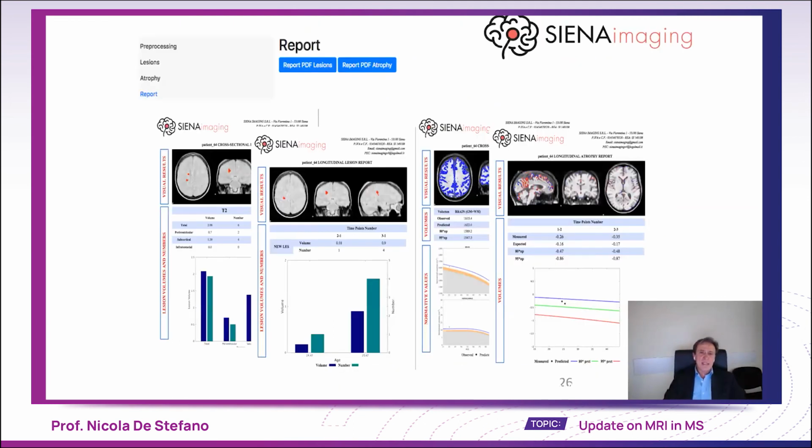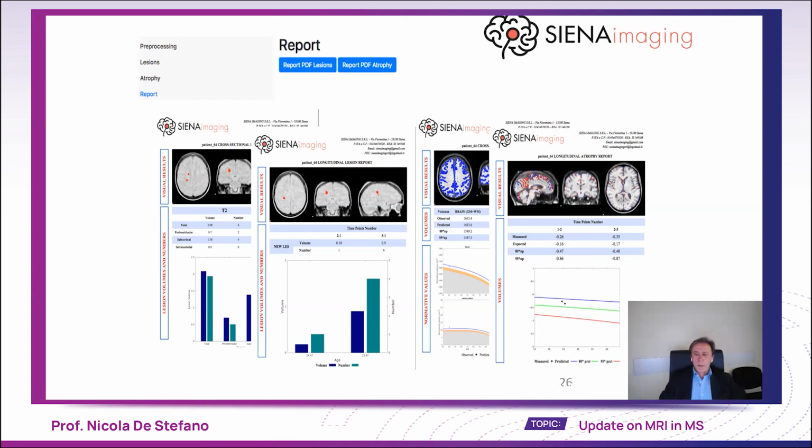And in fact, we are providing a web-based assessment of lesions and atrophy for whoever wants it. And this is to some extent the first way of making available lesion quantification and brain volume quantification, which could be helpful, in our view, for monitoring patients with MS.